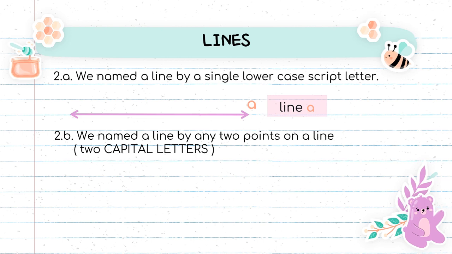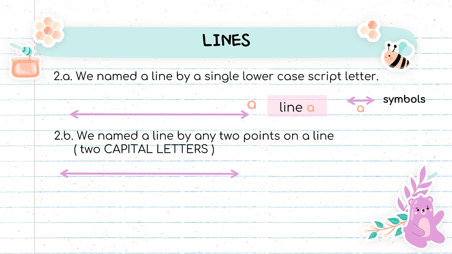Isusulat natin yung word na line, L-I-N-E, tapos ano yung lowercase script letter na nandun sa line, which is letter a. Kaya line a ang basa dyan. Meron ding other ways to write a line. Idodraw mo yung symbol ng line, yung may isang linya with two arrowheads, tapos isusulat mo yung single lowercase script letter na makikita doon sa line. Kasi yun yung pangalan ng ating line.